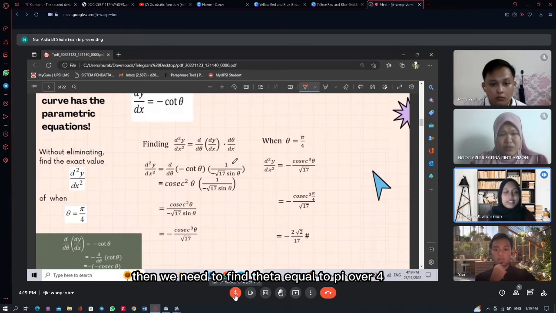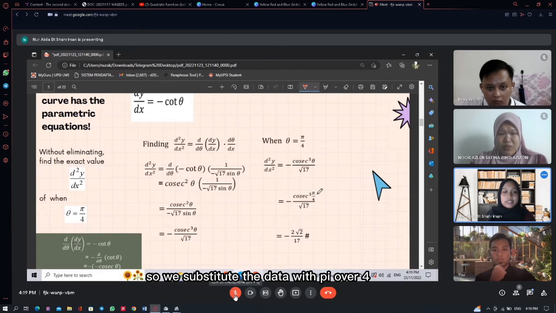Then we need to find it when theta equals pi over 4. So using the answer we get here, we substitute theta with pi over 4, and we get the answer negative square root 2 over 17.